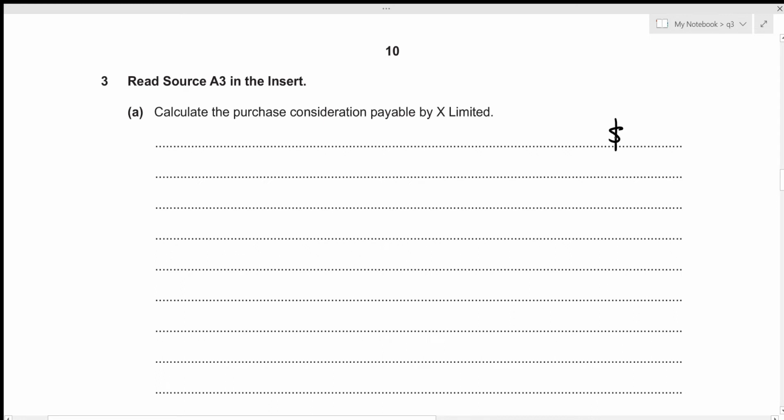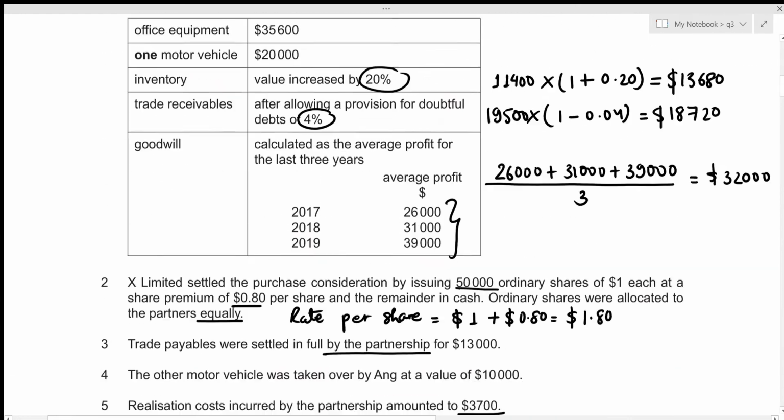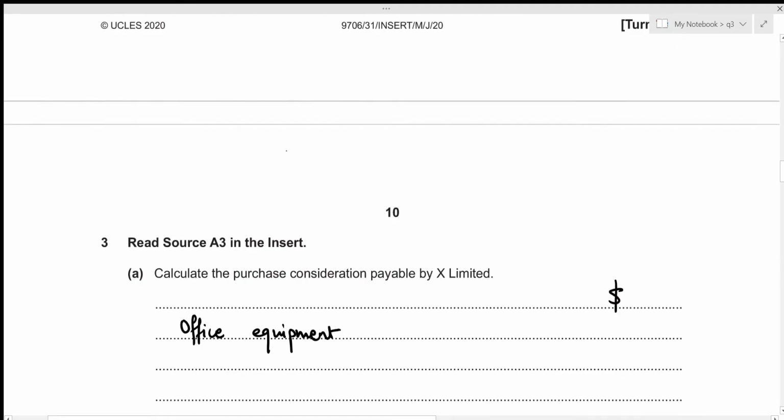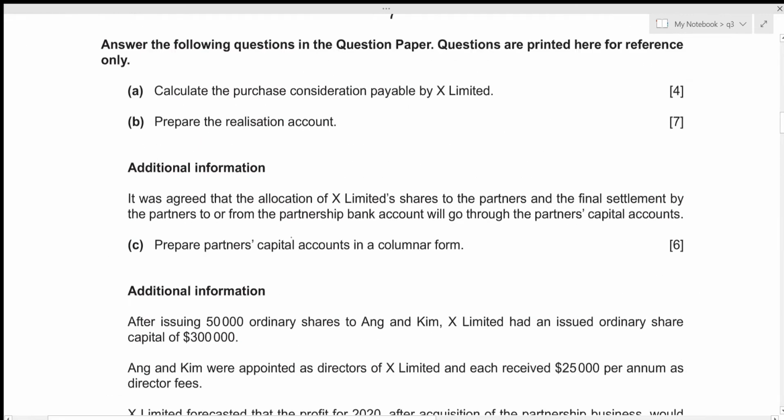Okay, so we will be starting with our office equipment. Let's have a look at the above information at its value. So the office equipment taken over had the value of 35,600. Let's write it down in our statement. So that's 35,600. Then we had the motor vehicles. Let's have a look above.